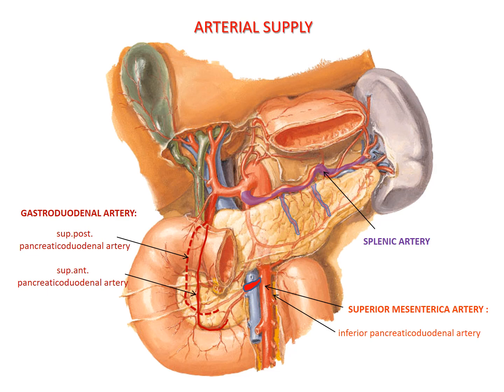The anastomosis between anterior and posterior branches forms the anterior and posterior pancreatico-duodenal arterial arcades. Pancreatic branches of the splenic artery, like the dorsal pancreatic artery, greater pancreatic artery, caudal pancreatic artery, and inferior pancreatic artery, supply the body and tail of the pancreas.